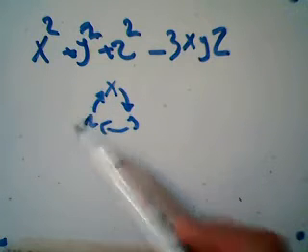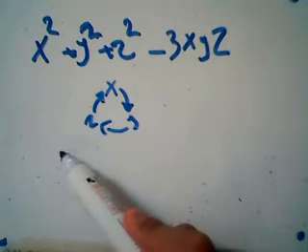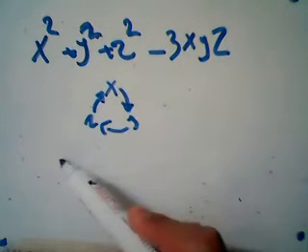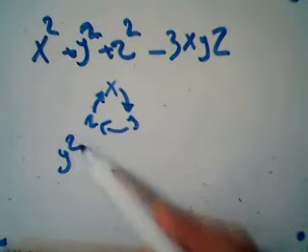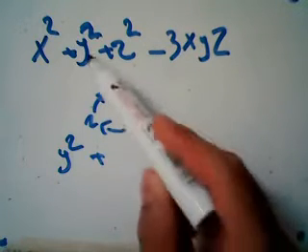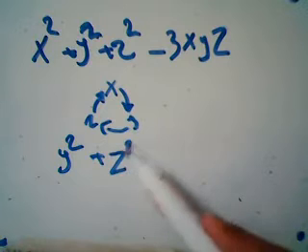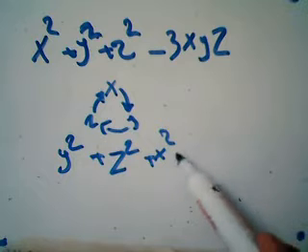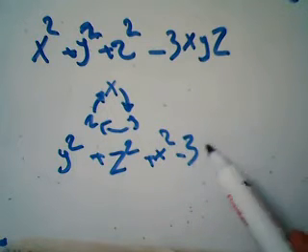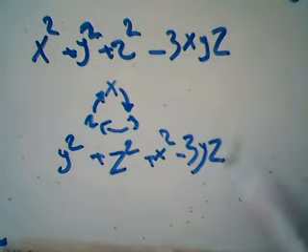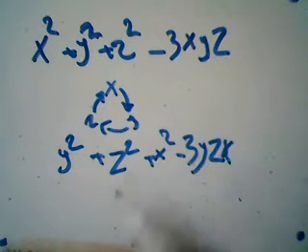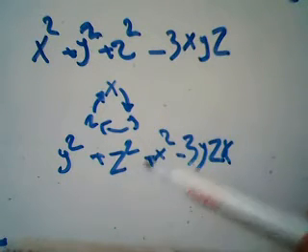For instance, let's do that here. Instead of x, put y, that would be y squared, plus y to z, that would be z squared, z to x is x squared, minus 3, again instead of xy, yz, zx. Now this is equal to this. It's just rearranged.